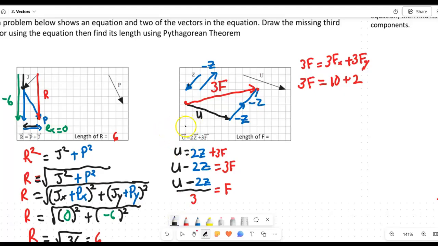So if we take the components of u sub x, which is right here, which is 1, 2, 3, 4, 5, 6. And then we take the components of negative zx, and add it to another zx.